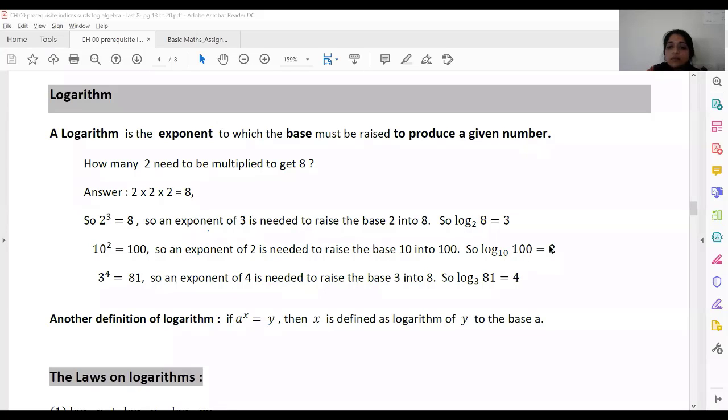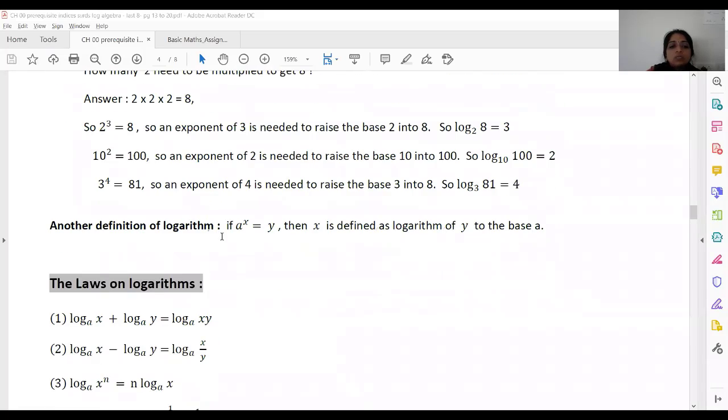Here 10 raised to 2 equal to 100. 3 raised to 4 equal to 81. So another definition of the logarithm is: if a raised to x equal to y, then x is defined as the logarithm of y to the base of a.